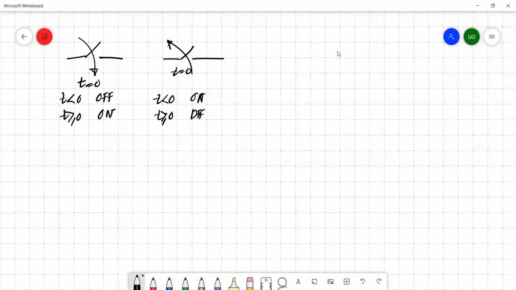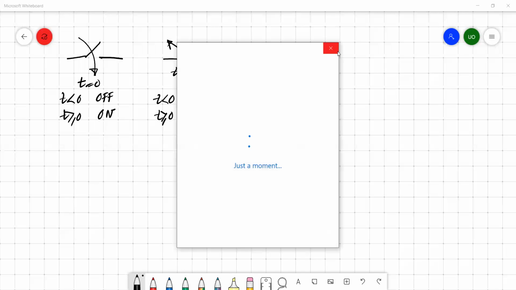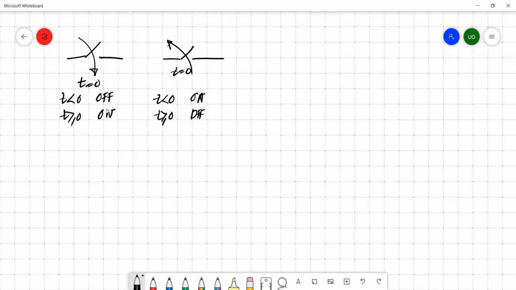This is the basic operation of these two types of switches. You can easily identify them by looking at the direction of this arrow and this value.